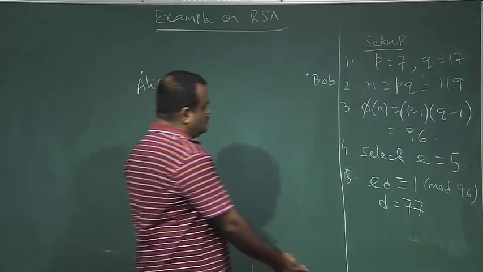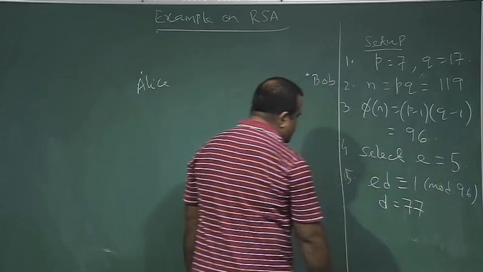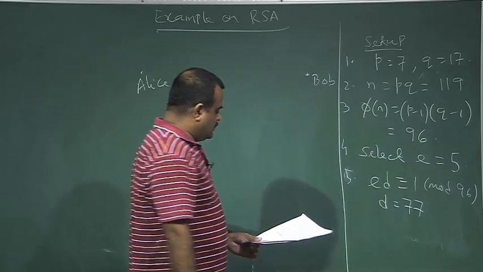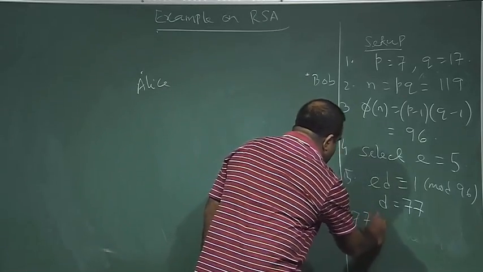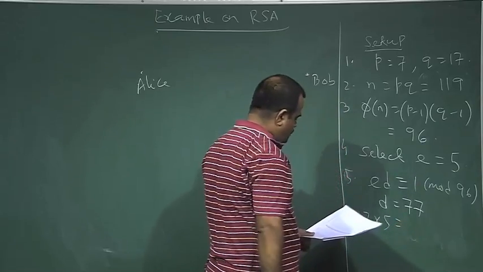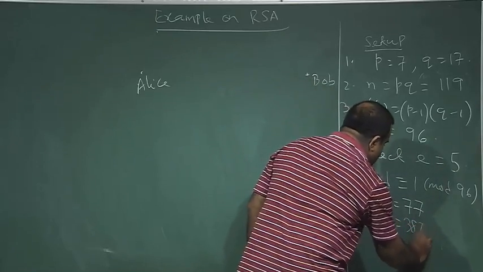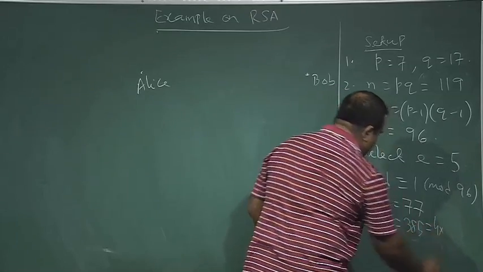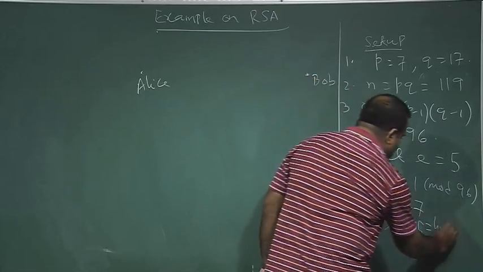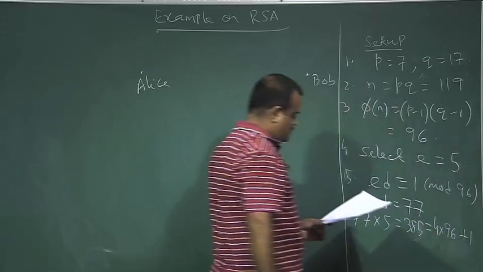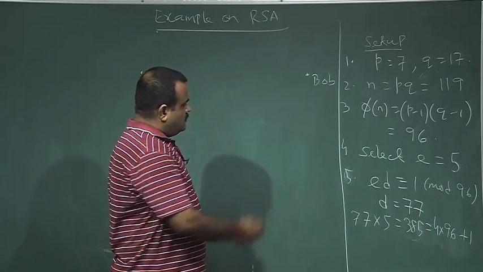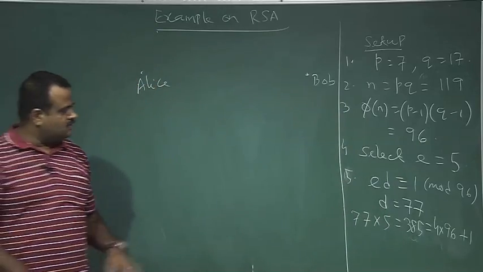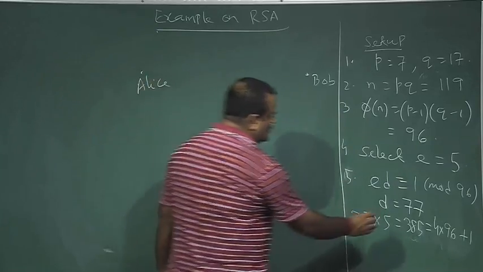We can cross verify by multiplying: 77 into 5 is 385, and 385 can be written as 4 into 96 plus 1. So we calculate D, and D is this.